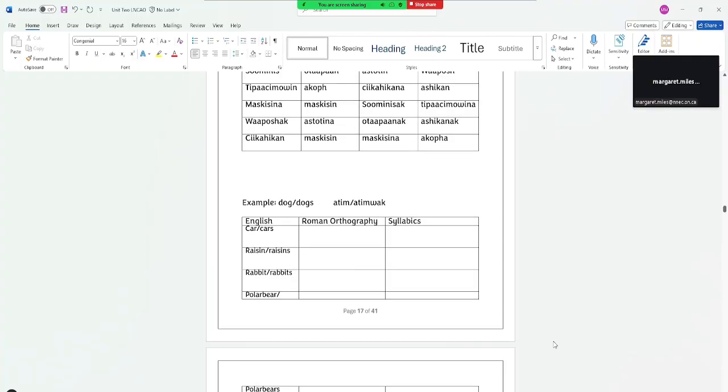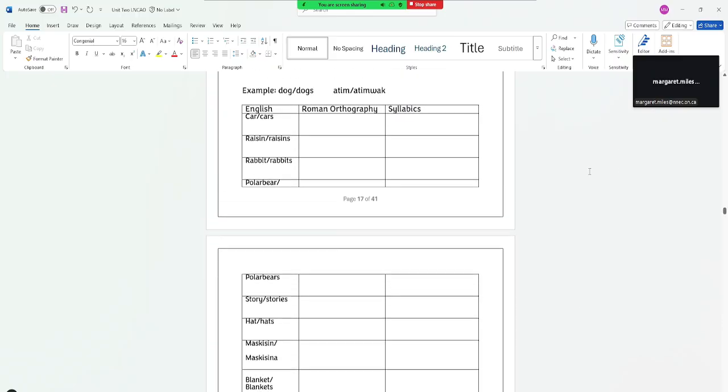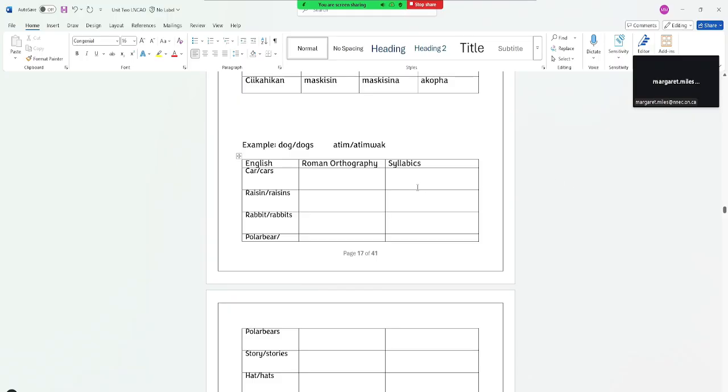So here's a list. In this chart, there's English on the left-hand side, Roman writing is blank, and the syllabics side on the right is blank. So what you have to do is use your syllabics chart and write in Roman writing for car and cars.